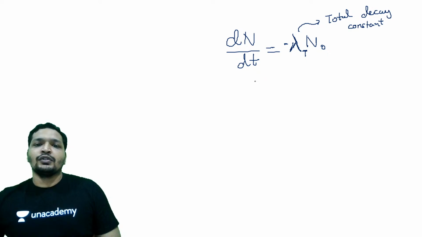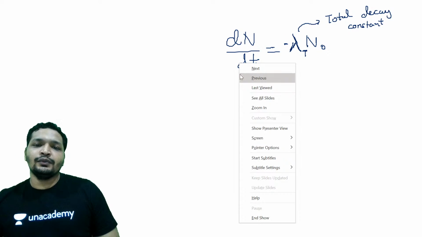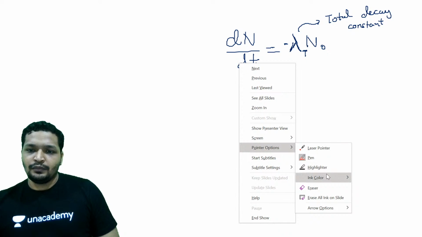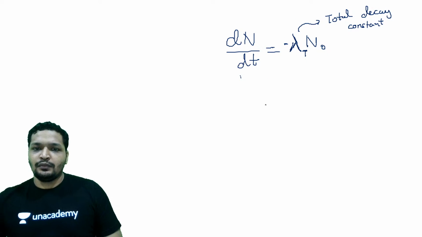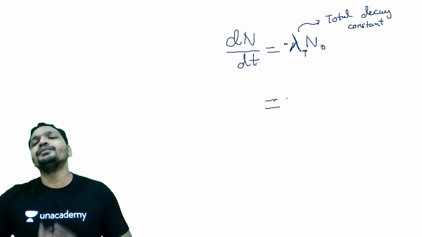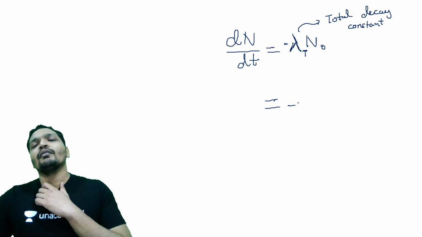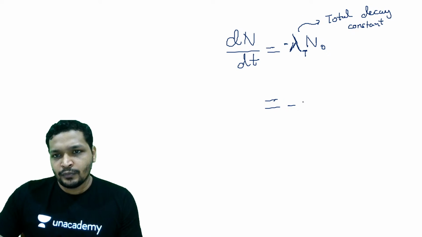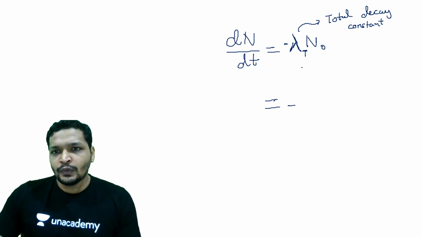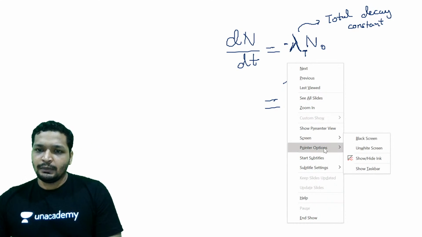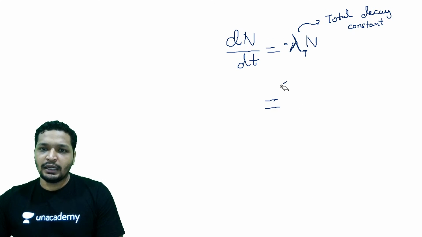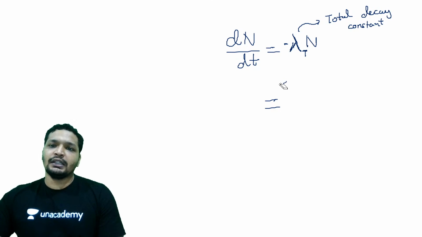Okay, so that should be giving you... So this should be N, just N, not N, but at any time N, decay constant will be impacting it this way.